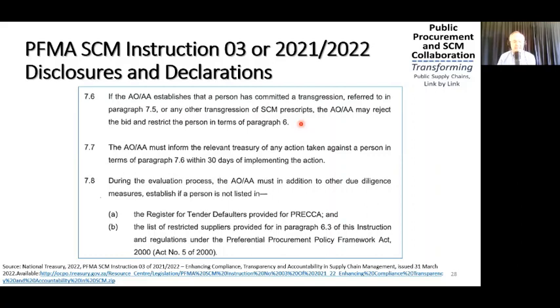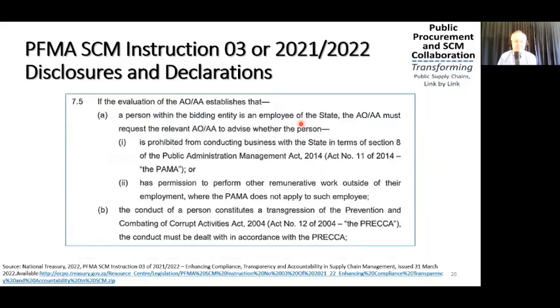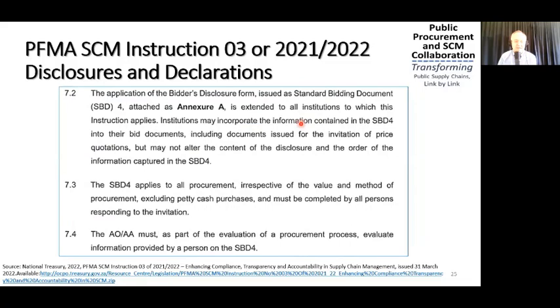Sanele, it is very confusing. Let me go to it quickly. It says you may incorporate the information in SBD4 with your bid documents, but then it says that everyone who does respond must complete this. It is weird.